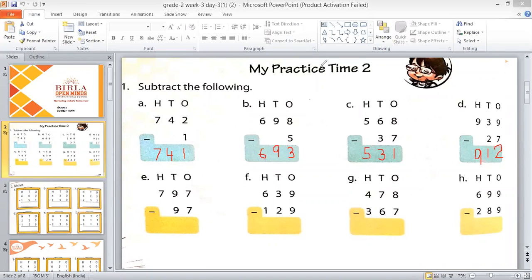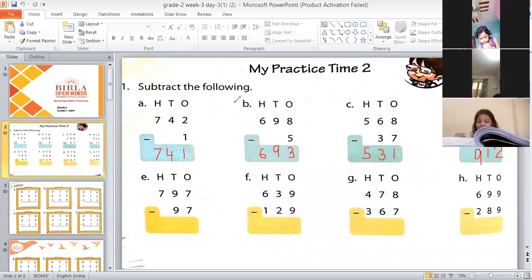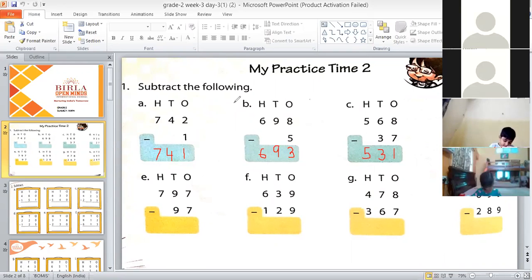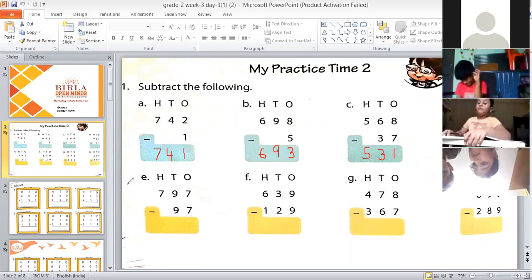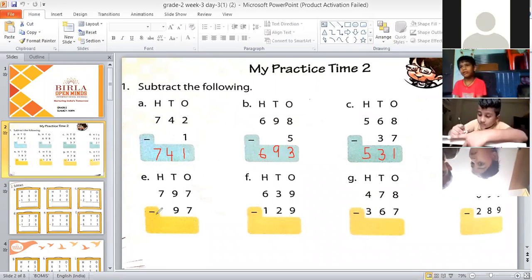Okay, so now first read bit E. Read that question. 797. Then 97. No, who will read this symbol? What is this symbol? Minus 97. Yeah. So now tell me in one's place what we will write. 7 minus 7? 0.